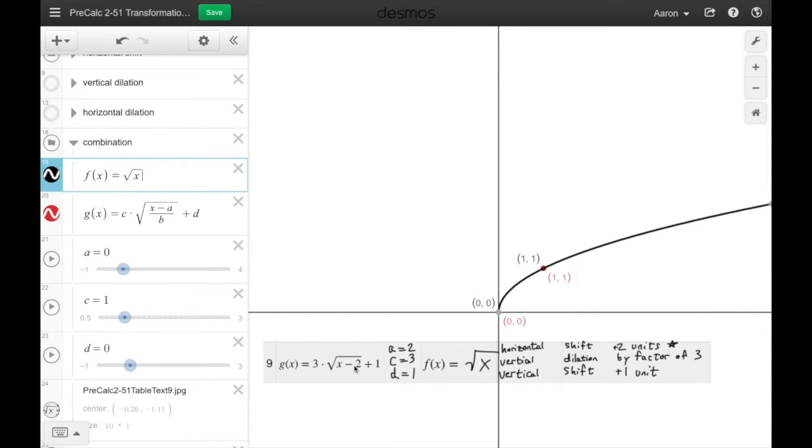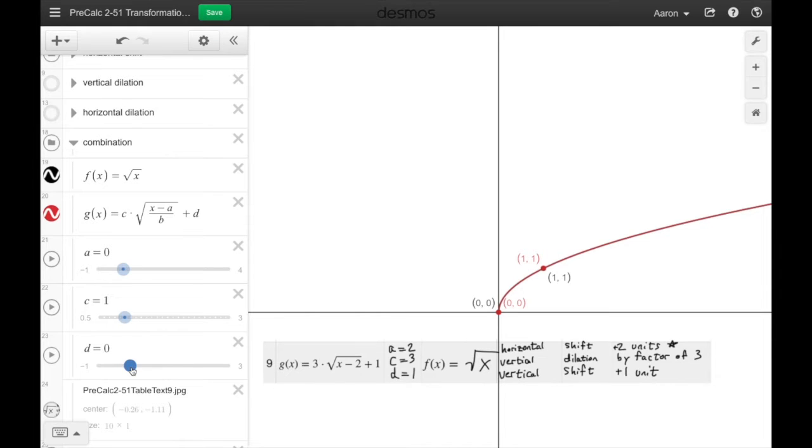You can see that there's an a value of positive 2, like this. There's a c value of positive 3, like this. And there's a d value of 1 here. This a value is a horizontal shift plus 2 units, a vertical dilation by a factor of 3, you see how it got stretched, and a vertical shift of plus 1 unit.